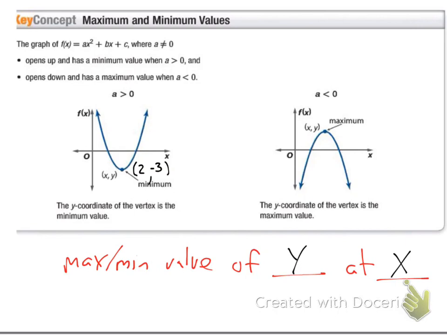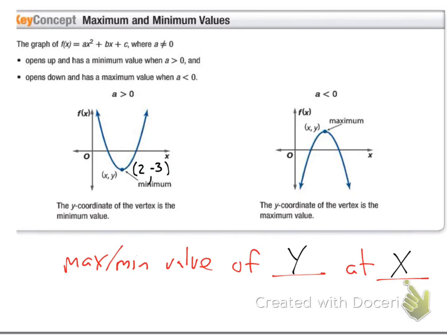Just tell us it has a blank at blank, and we're going to tell you the vertex. Just make one up. It has a minimum value of 3 at 4.